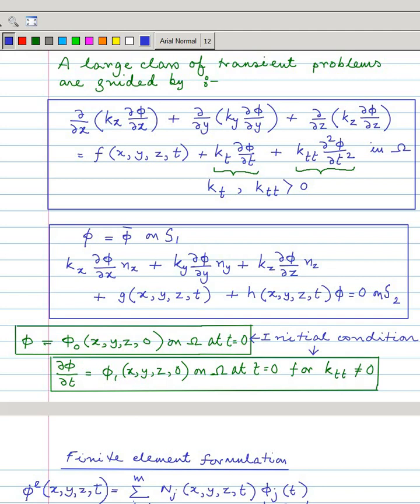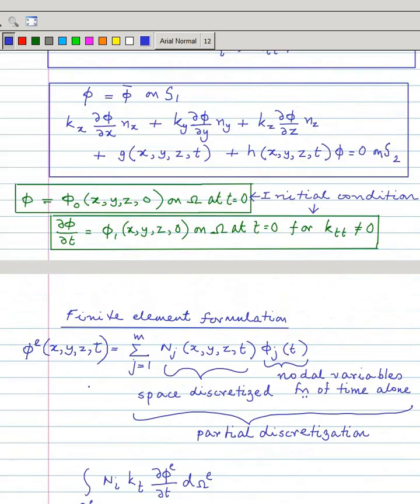The initial condition has also to be specified, that is initially all over the domain the value of phi must be specified, and if ktt not equal to 0, then del phi del t also has to be specified initially. So this is the initial state, and from this initial state the system evolves in time.